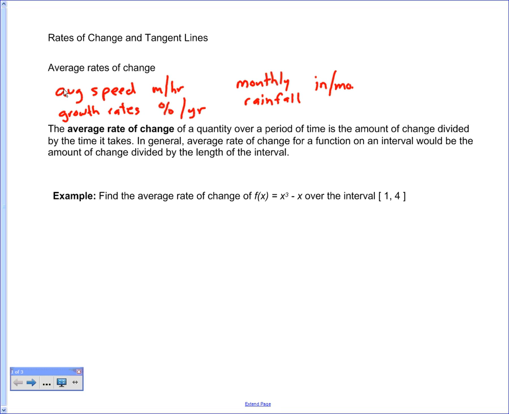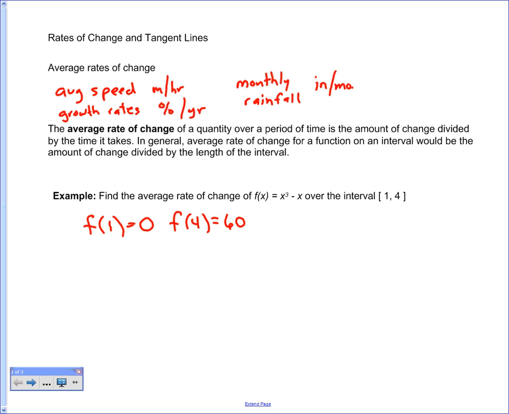Find the average rate of change for f of x equals x cubed minus x over the interval from 1 to 4. Well, this function at 1 has a value of 0. At 4, that'd be 64 minus 4, a value of 60.